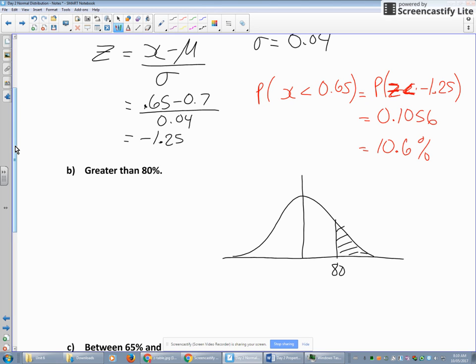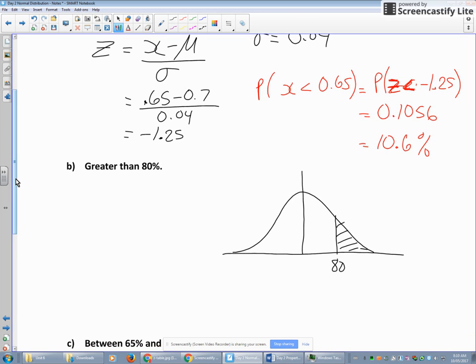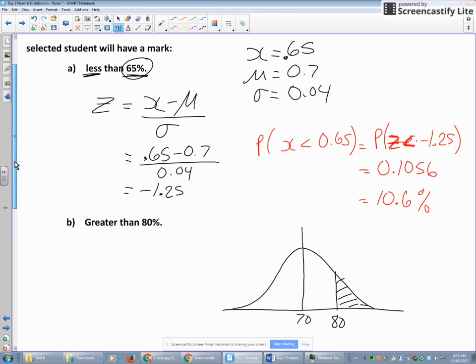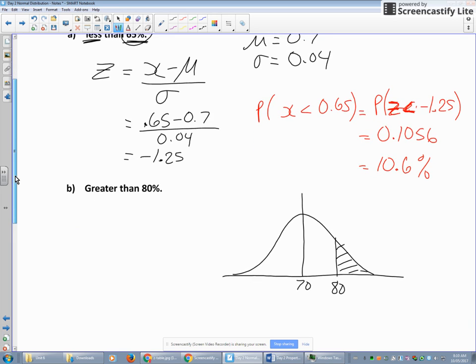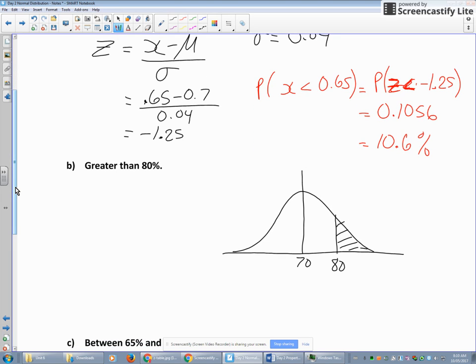We know that the mean was 70%, and our standard deviation was 0.04. So this is sort of a 74, 78, 82. This is one standard deviation, this is two standard deviations, and this is three standard deviations.